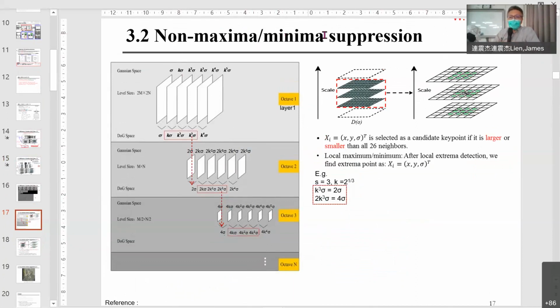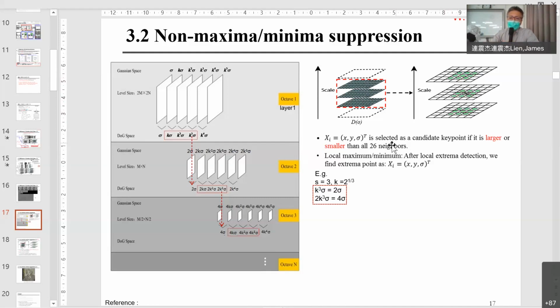So after you get the edge, we want to do non-maxima suppression. This means if I am not a local maximum, I delete the points. I want to keep local maxima. That means if, among all my neighbors, I am the biggest, I keep myself; otherwise I delete myself. We check the 3 by 3 neighborhood, and also the higher scale and lower scale.